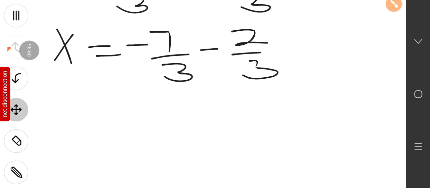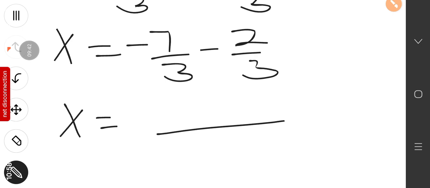So you're going to have x equals, let's find the LCM. The LCM of 3 and 3 is 3. 3 goes into itself 1, 1 multiplying minus 7 gives us minus 7, and 3 goes into itself 1, multiplies 2, that gives us 2.